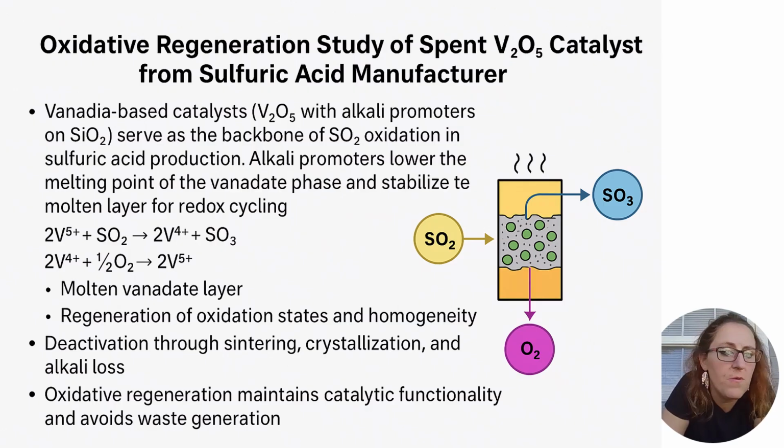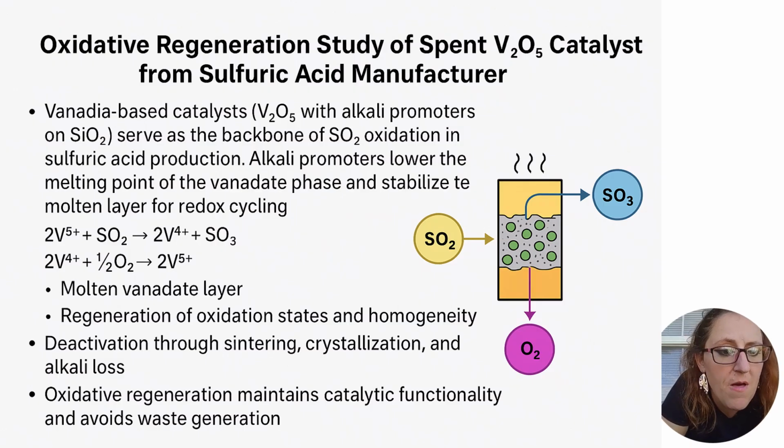The fundamental redox mechanism can be written as 2V5+ + SO2 gives 2V4+ + SO3, and then 2V4+ + 1/2 O2 gives 2V5+. This redox loop is a coupled diffusion reaction process. The catalytic surface must provide balanced oxygen absorption, electron transfer, and desorption of SO3 to avoid rate-limiting steps.